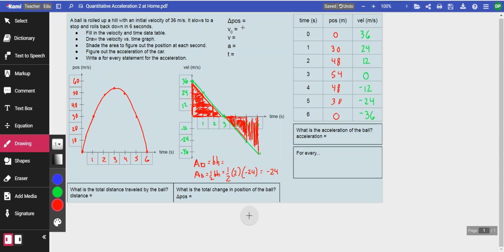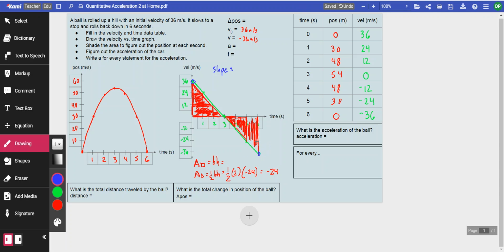So what was the initial velocity? It says the initial velocity was 36 meters per second. The final velocity is -36 meters per second. Well, what's the acceleration? The acceleration is the slope of this. Let's take the slope. All right, we'll go from end to end here, right?